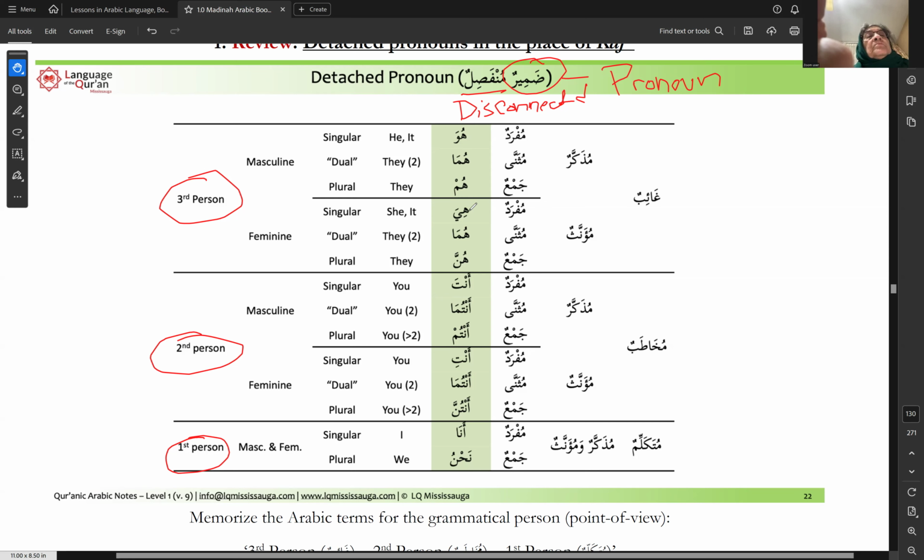We just covered both of these. Huma is the same word here and here. It's just repeated, because it's easier to rhyme and memorize that way. Hunna is they, plural, for feminine. So hum, plural for masculine. Hunna, plural for feminine.